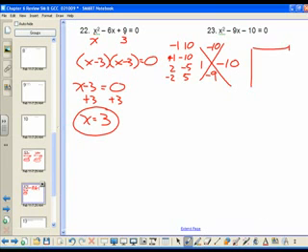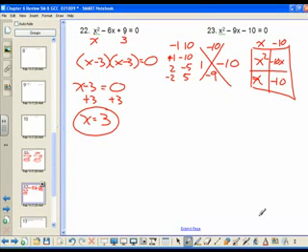When I do my box, I factor out a negative 10, an x, and a positive 1.